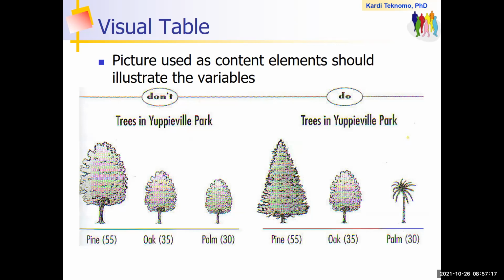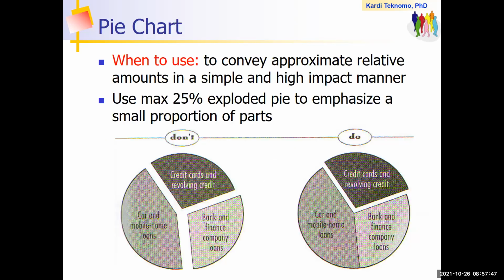Similarly, the picture used as content elements should illustrate the variables. If you talk about pine, oak, and palm, don't draw the same tree of oak. Pine you draw as pine, palm you draw as palm. Then you can see the difference, right? So use the content to illustrate the variable.